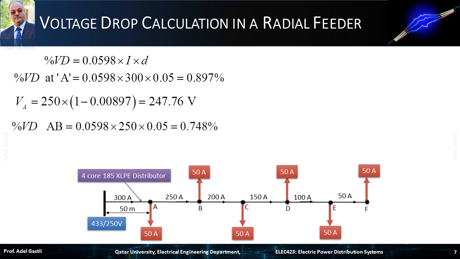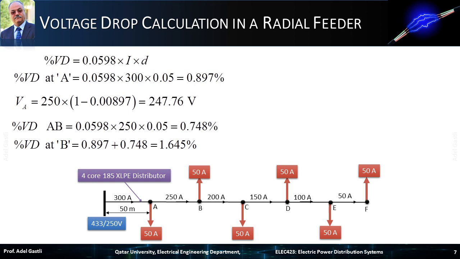Now, we calculate the voltage drop across the section AB, with a length of 50 meters or 0.05 kilometers, using the same equation, and we find 0.748% voltage drop. Therefore, the total voltage drop at point B is the sum of the voltage drop at point A plus the voltage drop in segment AB, which yields a value of 1.645%.